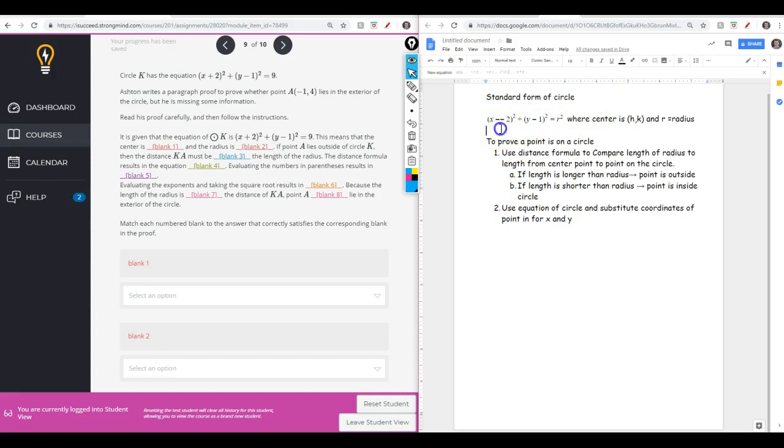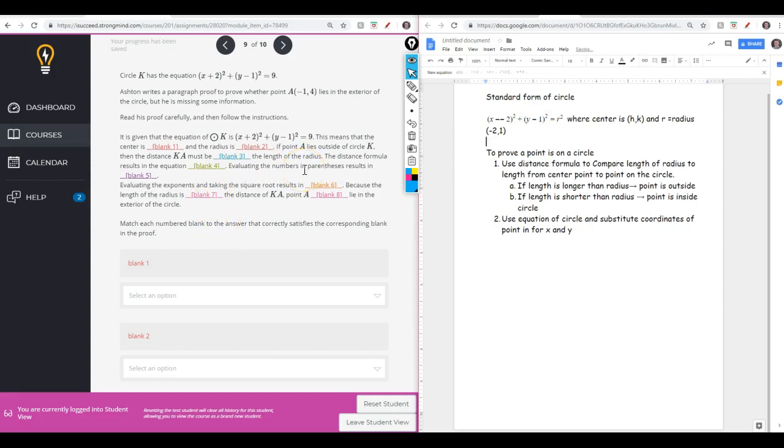So our center point would be h is negative 2, and I deciphered that from this plus 2 because I know that subtracting a negative changes to an addition sign. And then I know that that is a 1. So there's our center point.